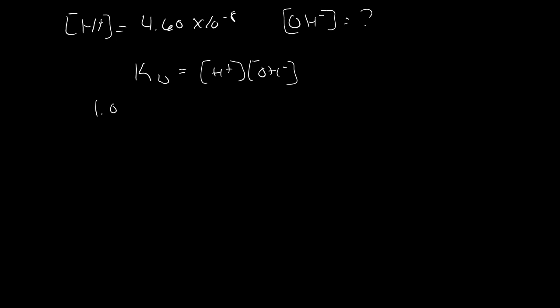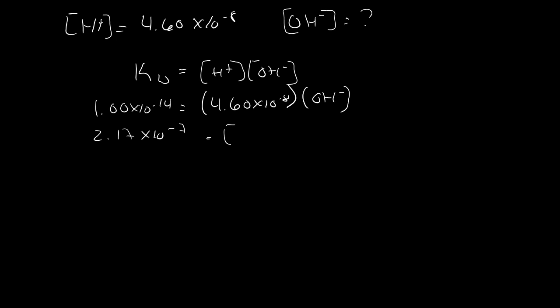So plug in your known. And so we know our 4.60 times 10 to the negative 8th, and then we have our hydroxide ion concentration. So then we have 2.17 times 10 to the negative 7th equals that hydroxide ion concentration.